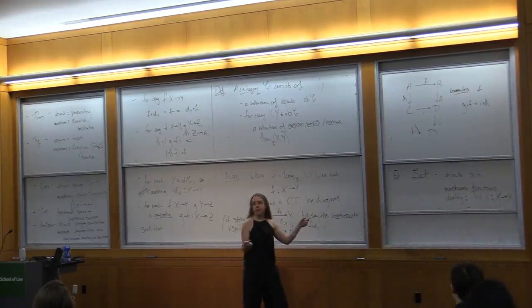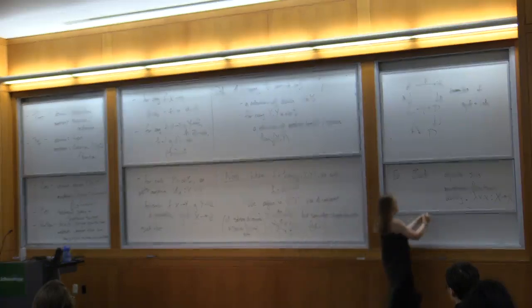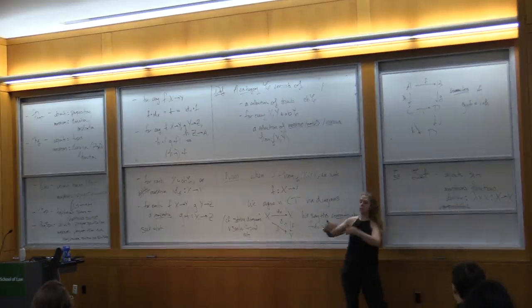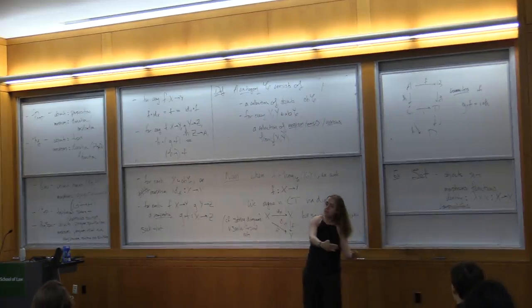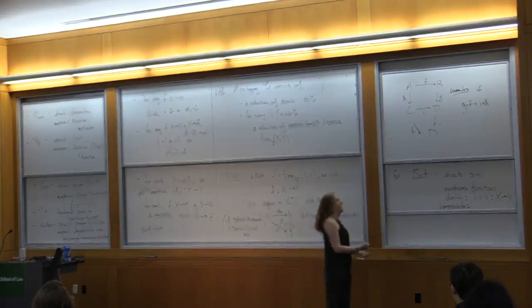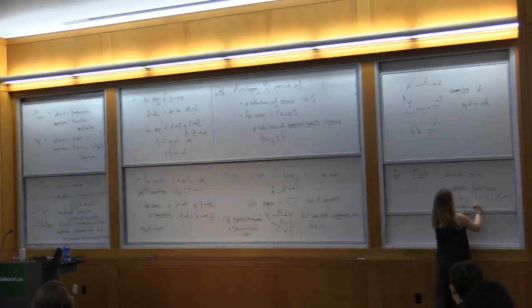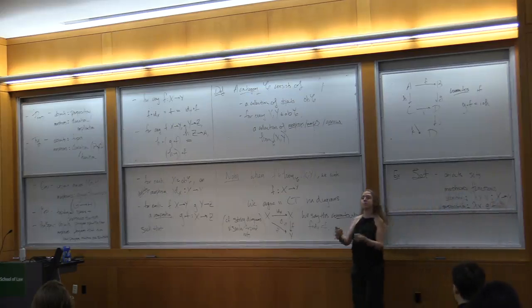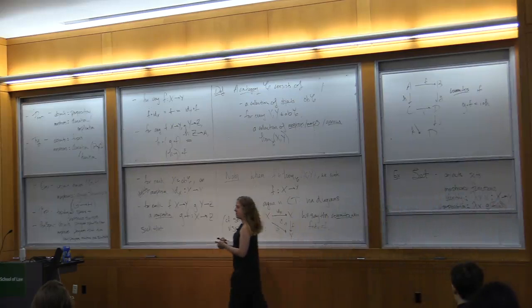And composition, I already wrote it and erased it. If we have one function from x to y and another function from y to z, functions in sets are just defined by where you send the elements. So we want to send an x to g of f of x if we're going to compose f and g.